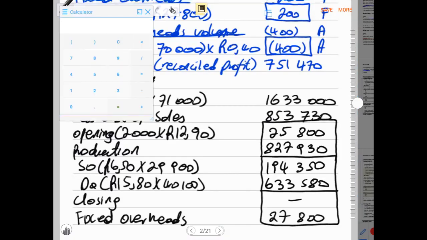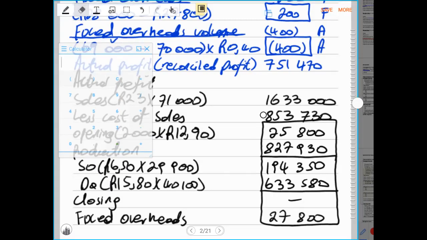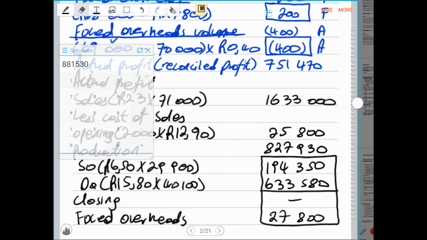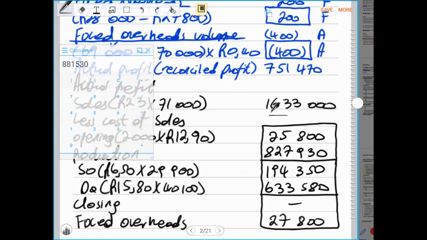Then we now have to change our cost of sales, which will be 25,800 plus 827,930 plus 27,800, which gives 881,530.